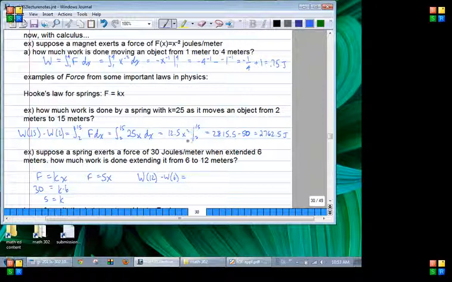So that's the amount of work done equals, it's going to be 5x squared over 2, from 6 to 12. 360 minus 90. So you get 270 joules.